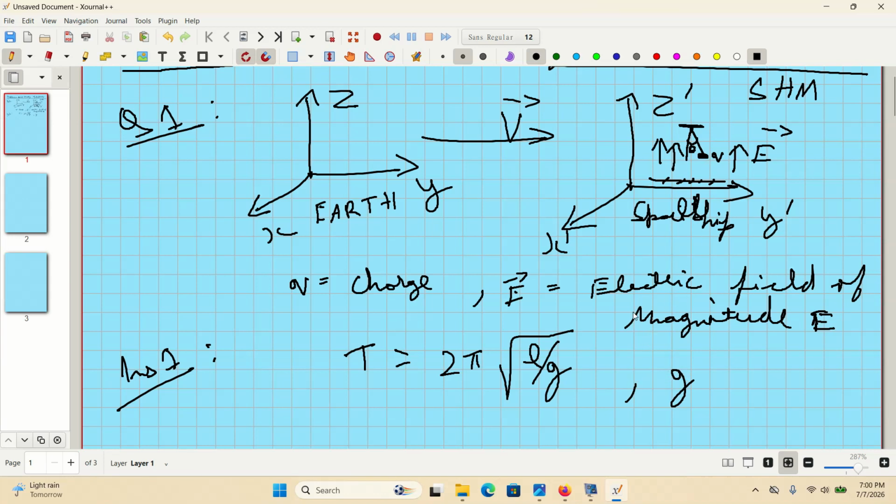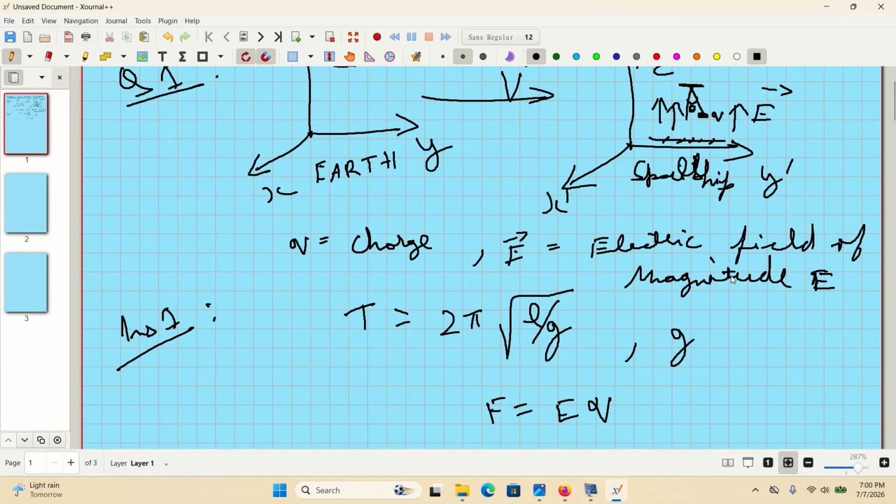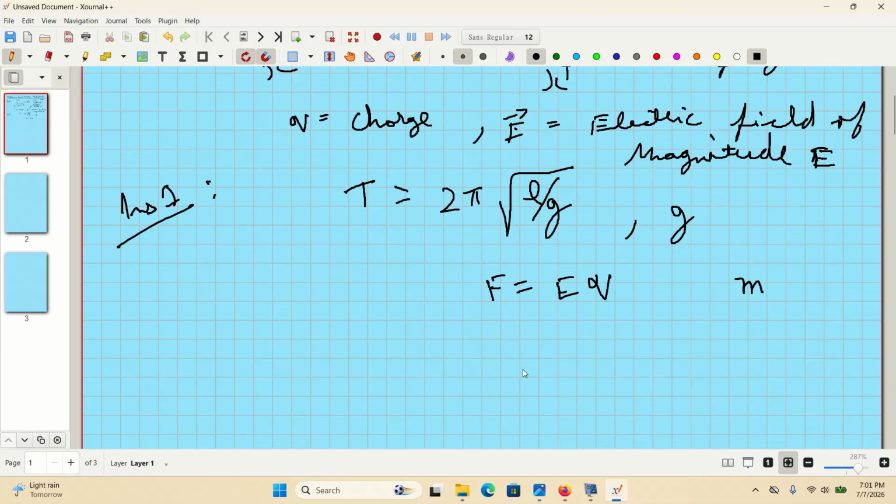In our case, since we have a charge, the force acting on this charge is F equal to EQ. This bob also has some mass, so suppose the mass is m. What we need to calculate is the acceleration due to this electric field.